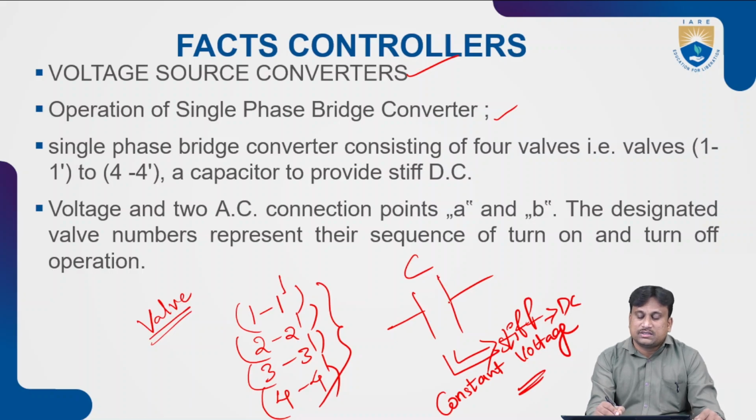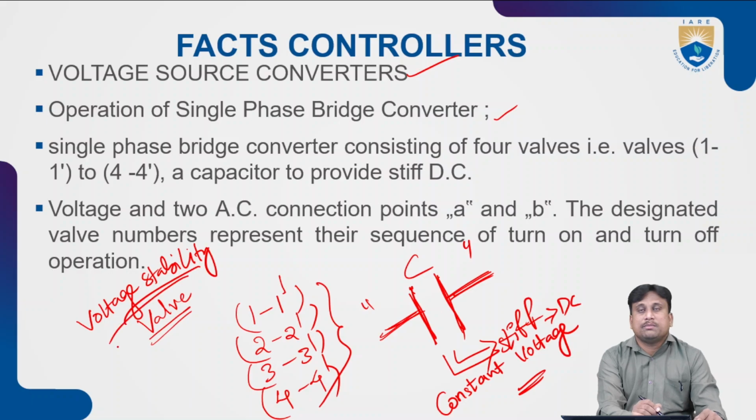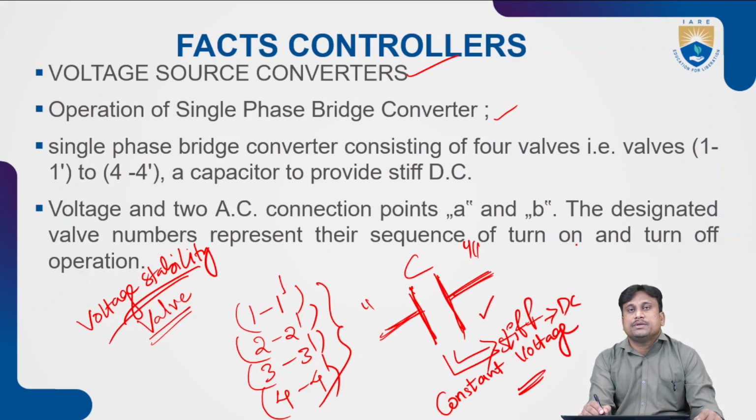Because of this insertion of C into the line, voltage stability will be increased. Voltage stability is going to be enhanced because of the stiff DC value provided to the capacitor network.